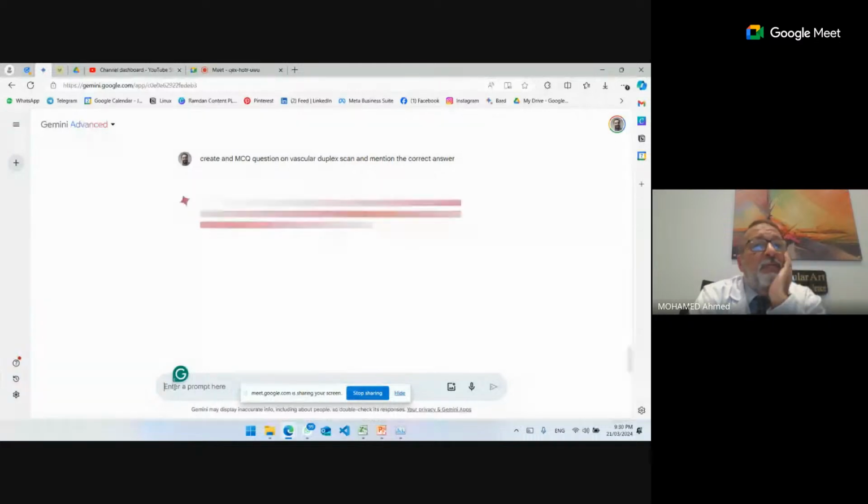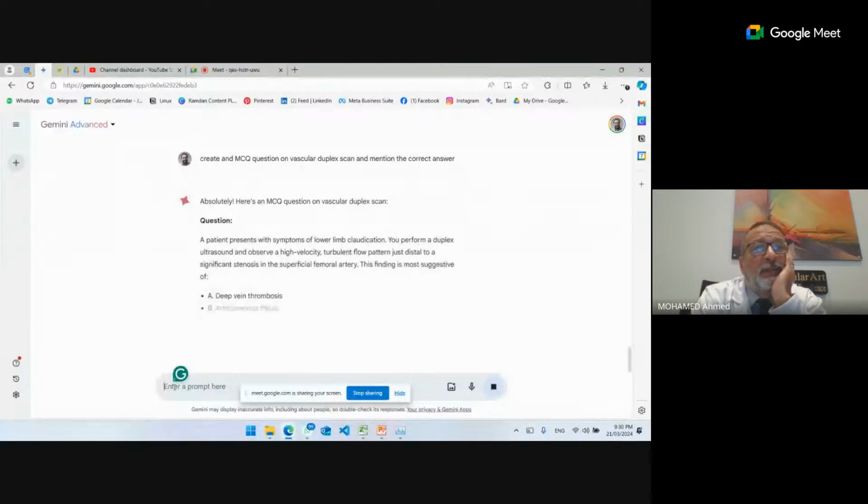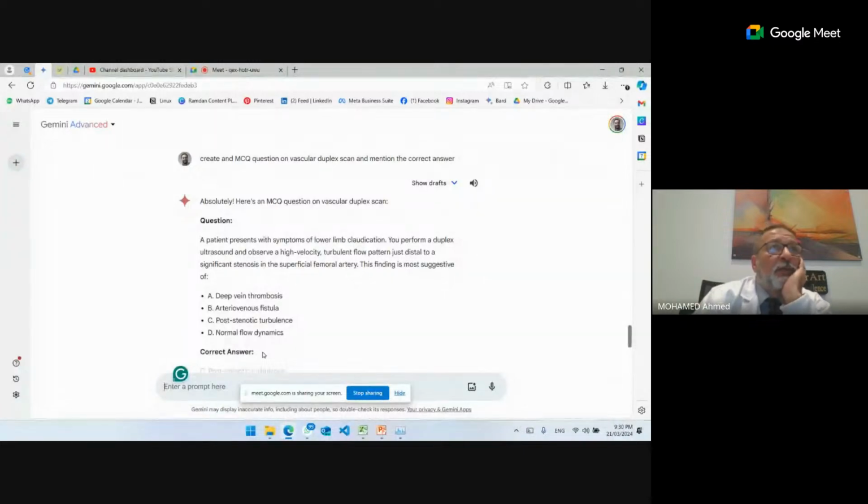From its bank, you can see it in front of your eyes. Here is the question: a patient presented with the symptom of lower limb claudication, perform duplex ultrasound. What is the answer? And you can see the correct answer is brought to you. So if you want to study, you can study using artificial intelligence. It helps you a lot with vascular duplex scan.